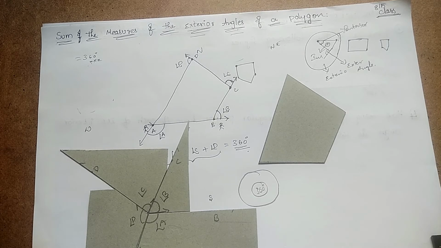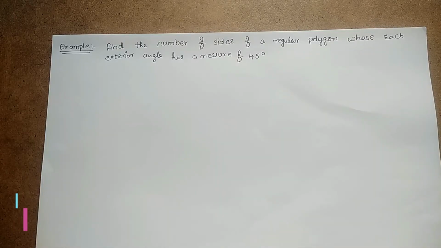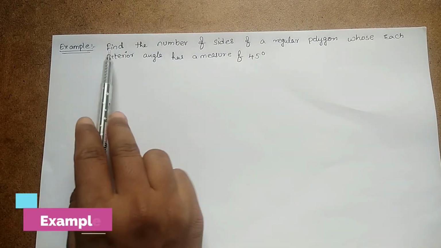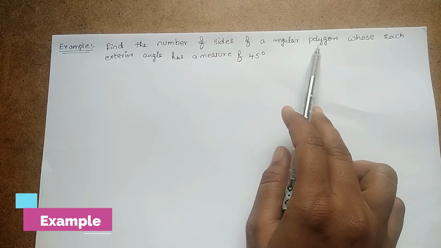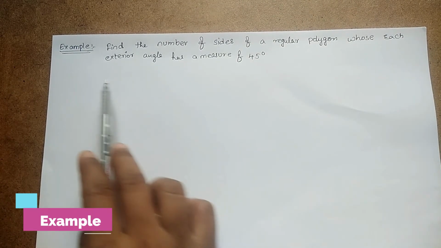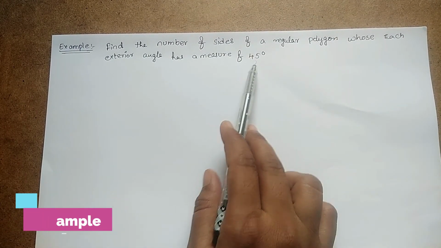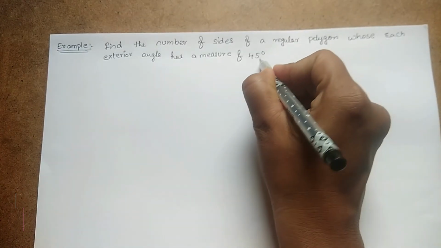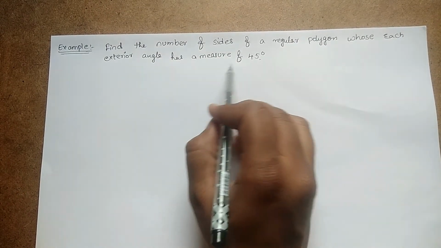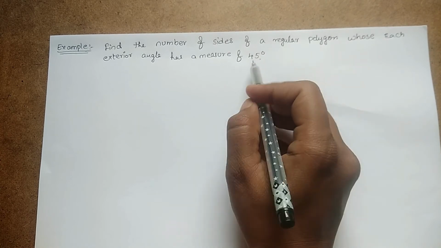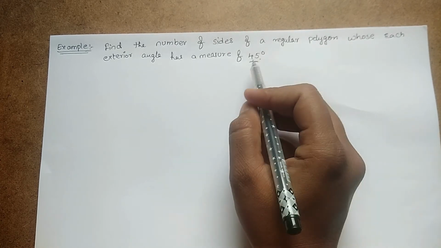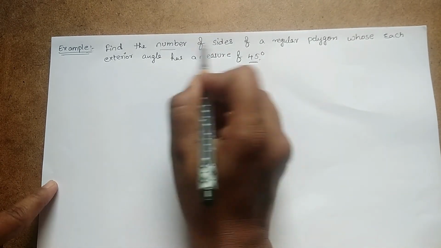Let's move to a question regarding the exterior angles of a polygon. This is the example: find the number of sides of a regular polygon whose each exterior angle has a measure of 45 degrees. Here, each exterior angle of the polygon is 45 degrees, and we have to find the number of sides.